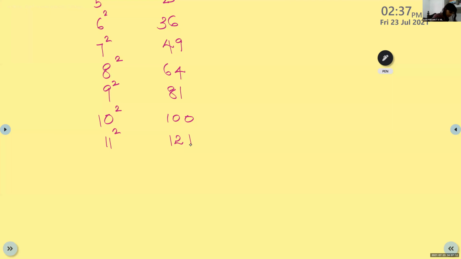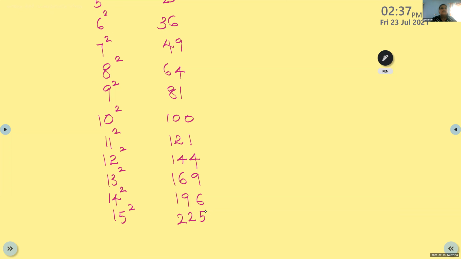Correct. 12 square, 144. Good. 13 square, 169. And look at 14 square. 14 square is 196. 15 square, 225. Correct. Right, up to this much.